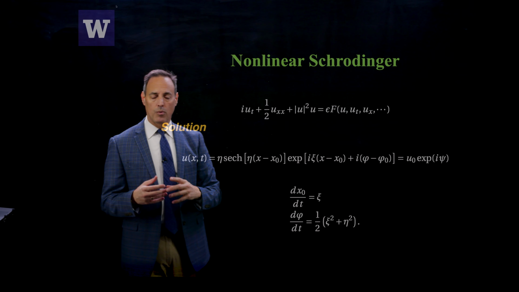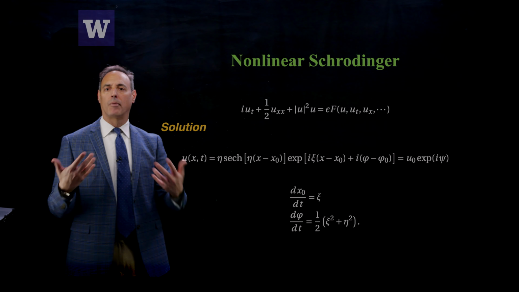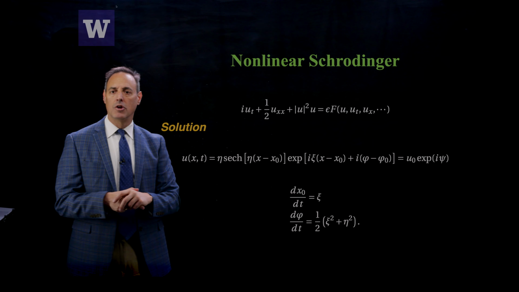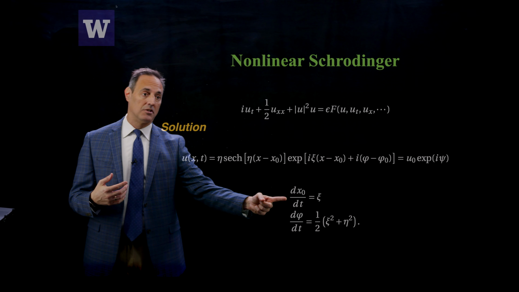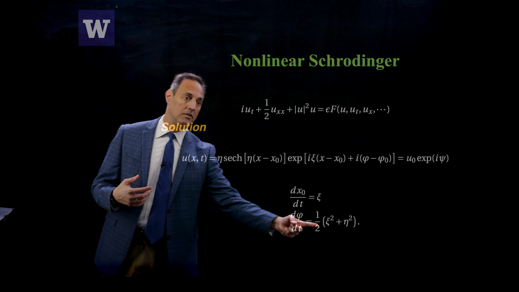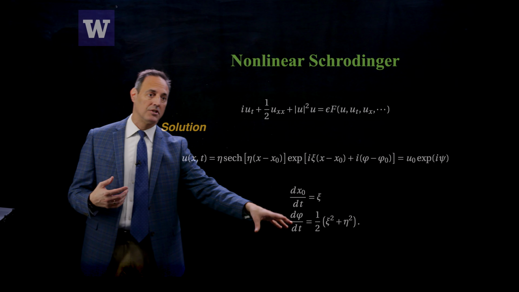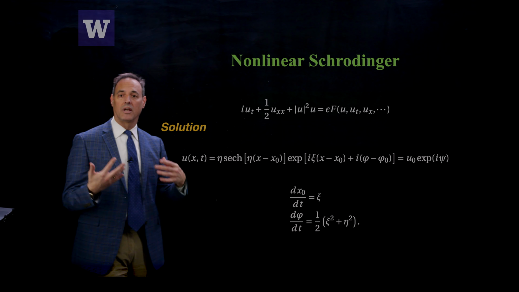Okay? So in other words, this problem is parametrized by 4 parameters, which normally you would think of as constants. And by the way, dx naught/dt is c, and d phi/dt is 1/2 times c squared plus eta squared. So these hold for this.